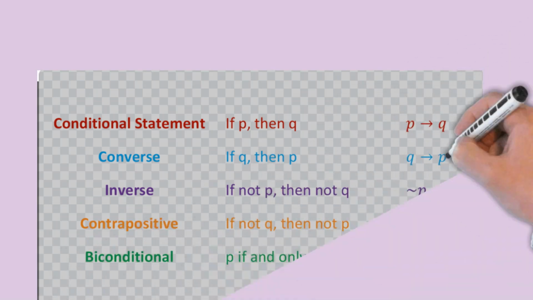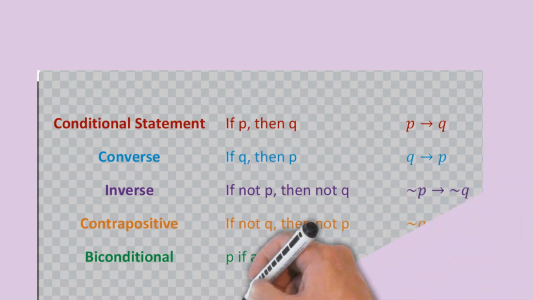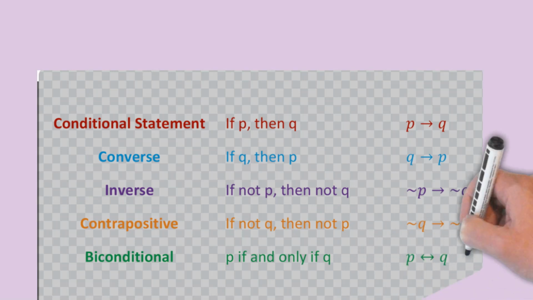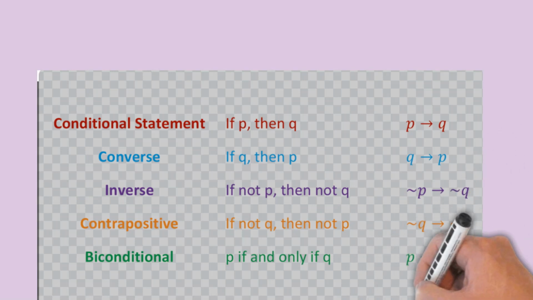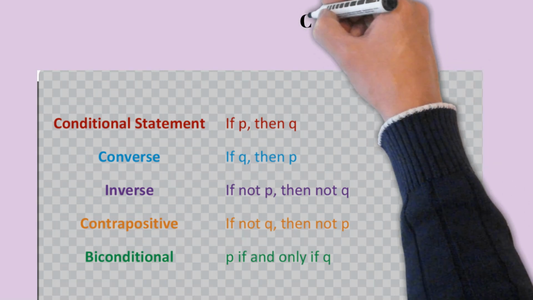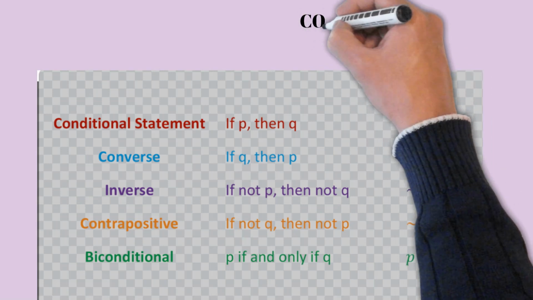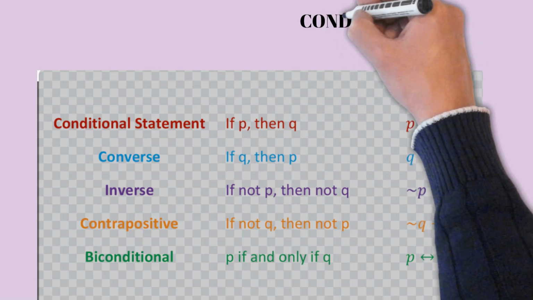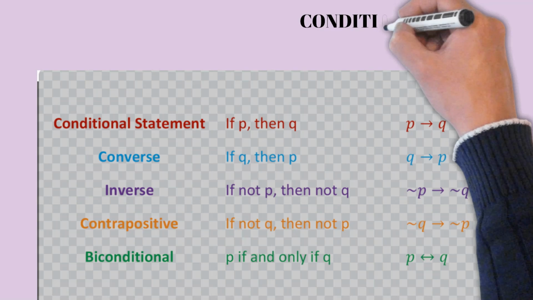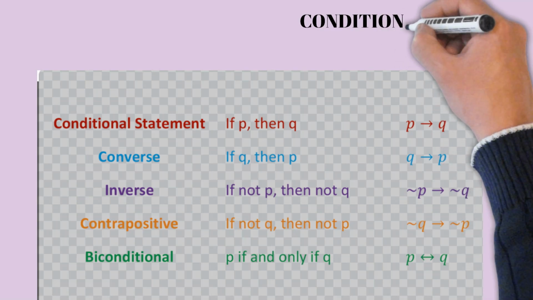The conditional statement will be if P, then Q. The converse will be if Q, then P. The inverse will be if not P, then not Q. And the contrapositive will be if not Q, then not P. We need to be very, very clear on that as well. We also have biconditional statements, where we have P if and only if Q.